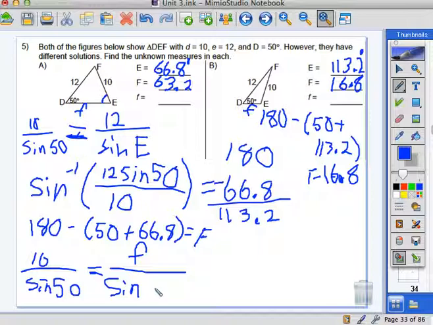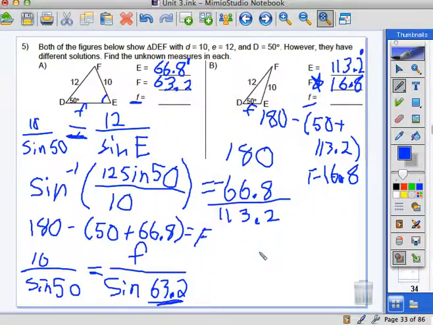So sine of 63.2. And so that's the ratio to find this side measurement F. Now if I wanted to find this one, I would set up everything the same, except this angle right here would be 16.8 instead of 63.2.